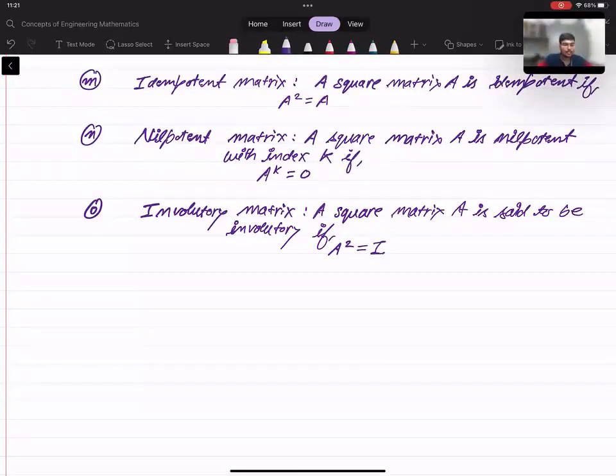And one more very important class is singular and non-singular matrices. A square matrix is said to be a singular matrix if the determinant of the matrix is 0.